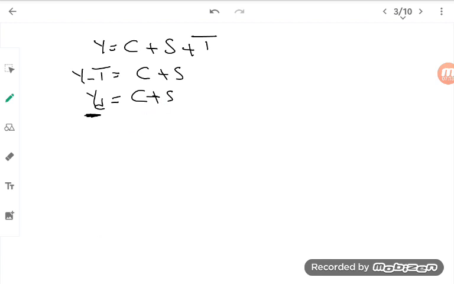So we can find the saving function just like the consumption function. Savings equals negative A plus small s YD. Negative A is the value of S when disposable income is 0, as we said in the consumption function.